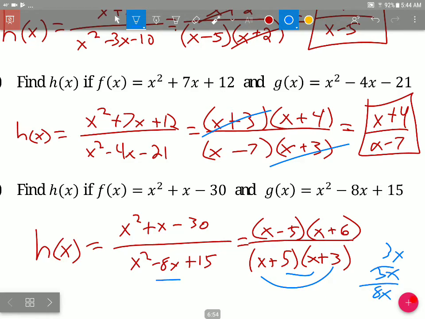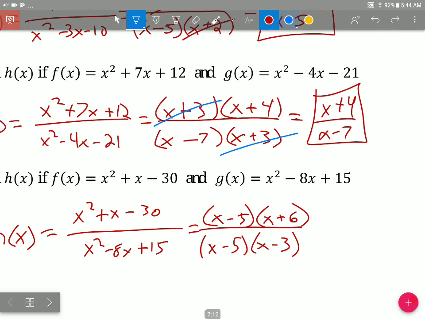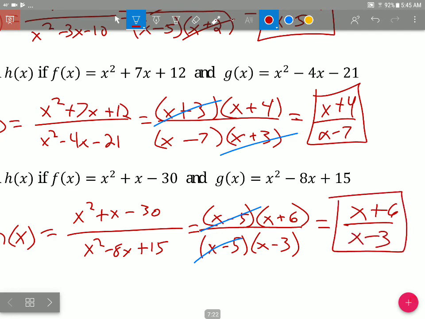So we know we got the right set of numbers, we just need to switch the signs. Instead of both positive, they need to be both negative: negative 5 and negative 3, because a negative times a negative is still a positive 15, but they'll add up to negative 8. The 5s go away, and we're left with x plus 6 over x minus 3. And that's that.